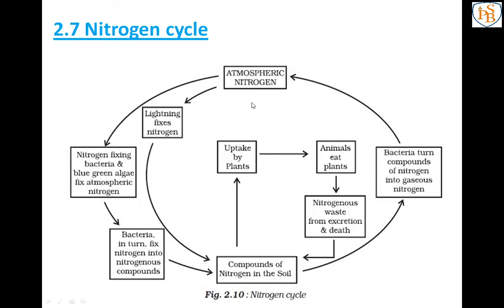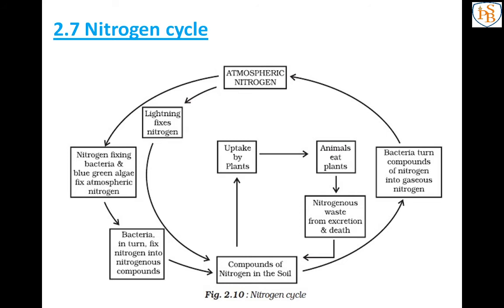See, the first is atmospheric nitrogen, because nitrogen is present in the atmosphere, that is, 78% nitrogen is there. So either by lightning or by nitrogen fixers, two methods are there: lightning or fixers, that is Rhizobium or the blue green algae.